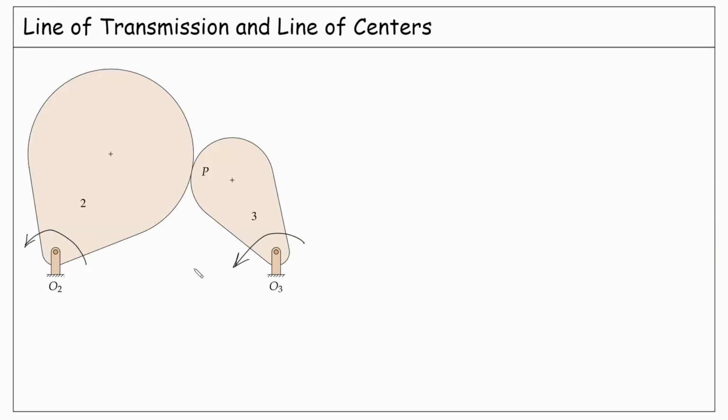In a case of direct contact like this, the line of transmission passes through the contact point and is along the normal direction of the two surfaces being in contact. Something like this, if I can draw it precisely.